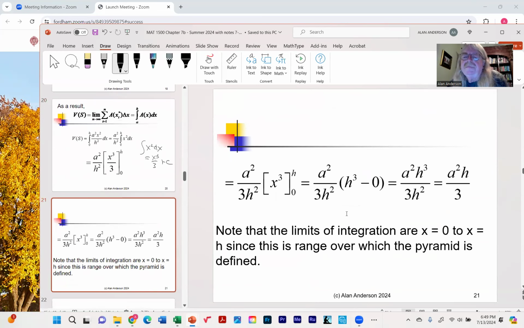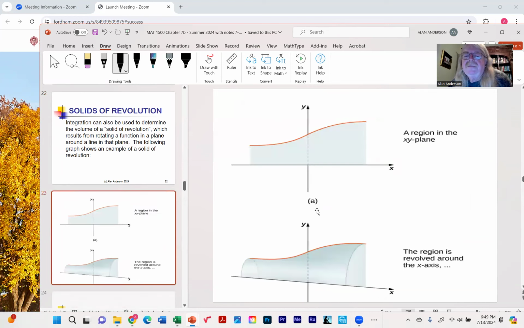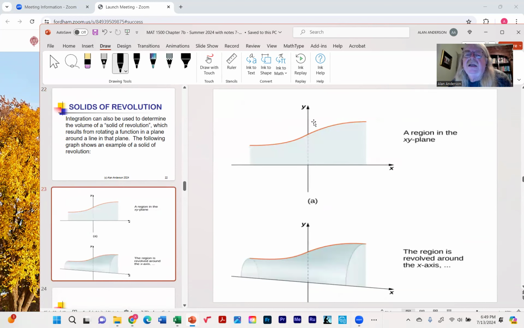But anyway, what about solids of revolution? So here, what you have to visualize is that we're taking some basic two-dimensional shape and rotating it around either the vertical or the horizontal axis. Like this one, if you imagine rotating it, it's hard for me to draw it properly, but the result would be this surface on the bottom.